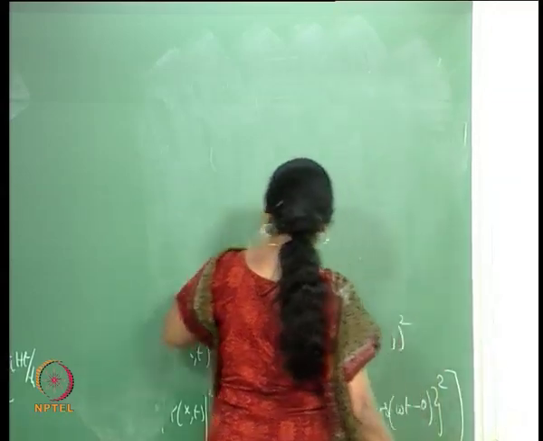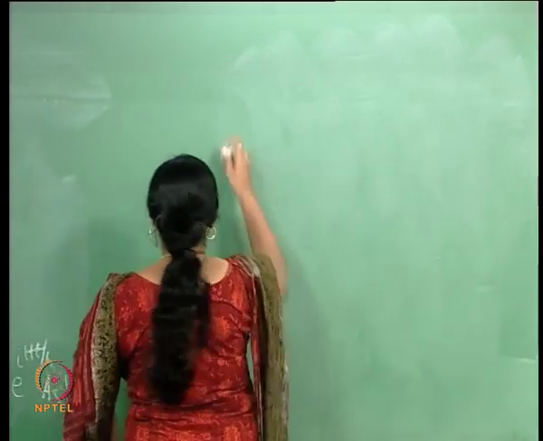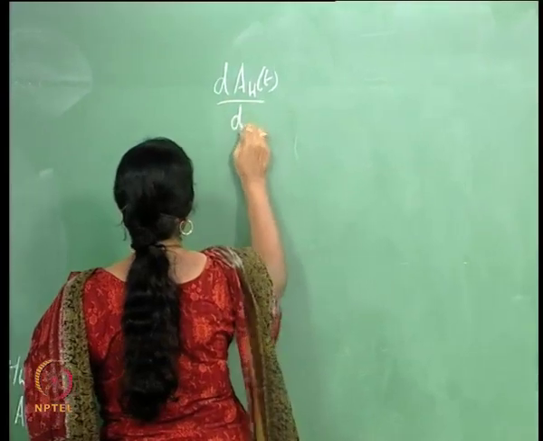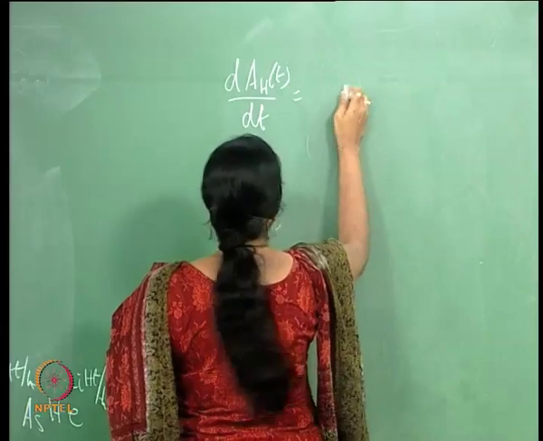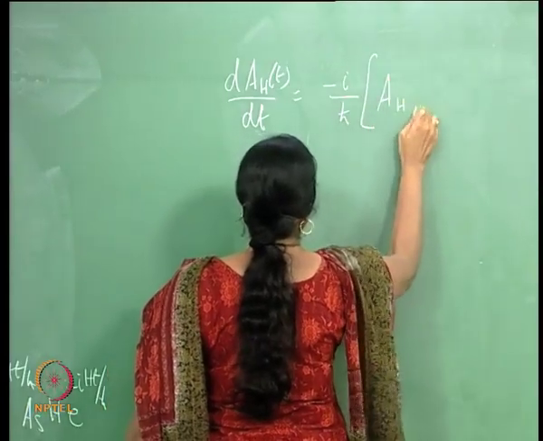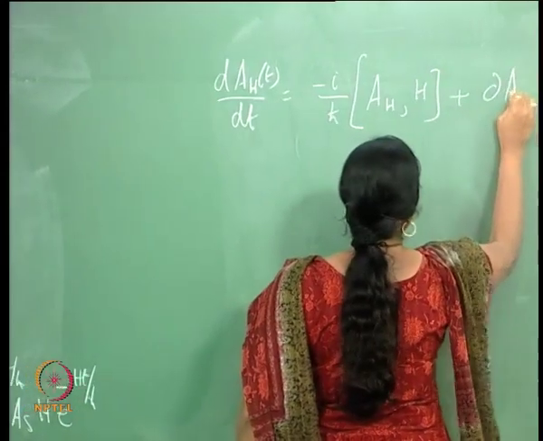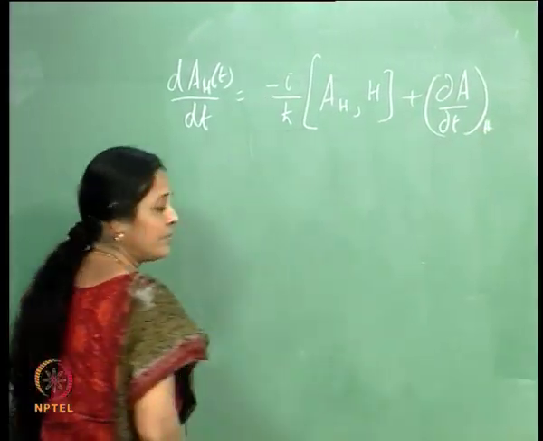So what does that imply for the equation of motion? I have the following. dA_H of t by dt, which is the total time dependence, is minus i by h cross, commutator of A_H with H, plus delta A by delta t in the Heisenberg picture.